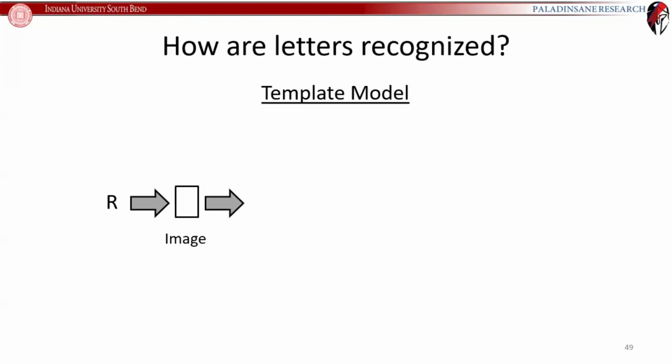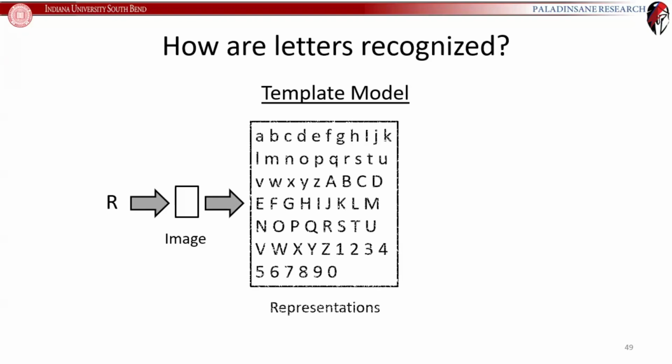So the image comes in, and then it gets compared to the template. If it gets discovered in the template, or if it doesn't, we end up with a decision as to whether we recognize the letter or not, and if we do, which letter it is.